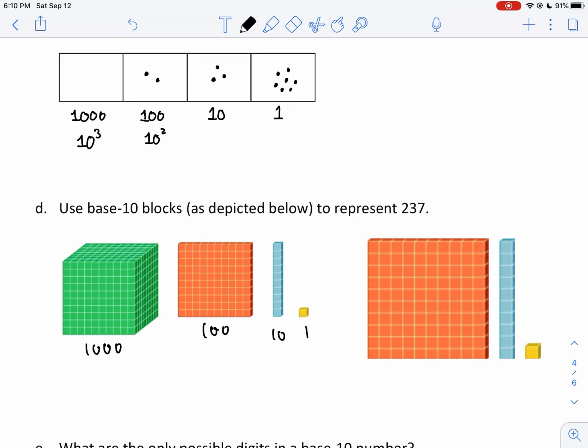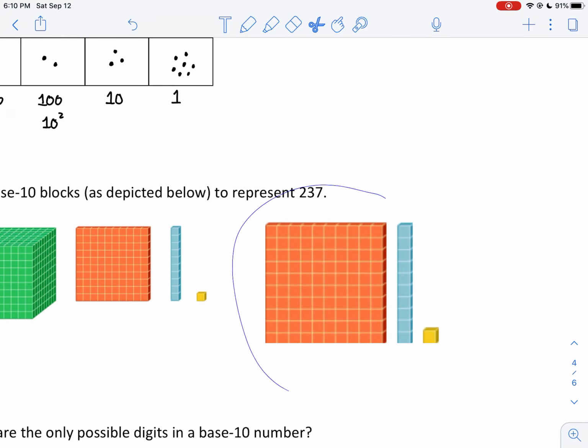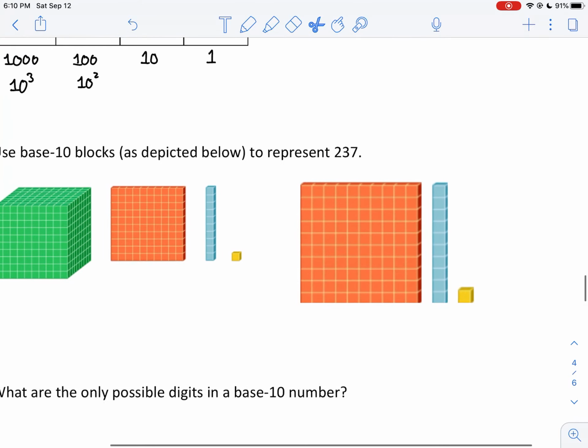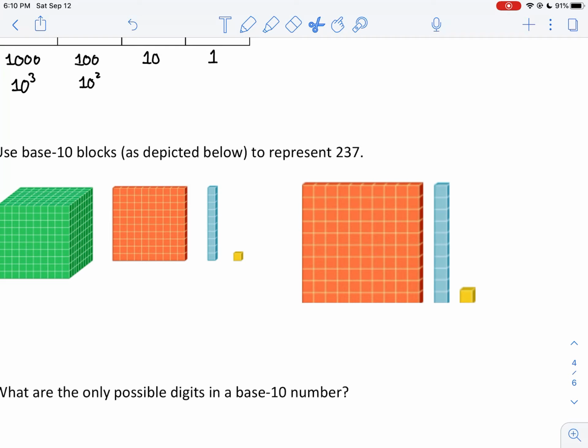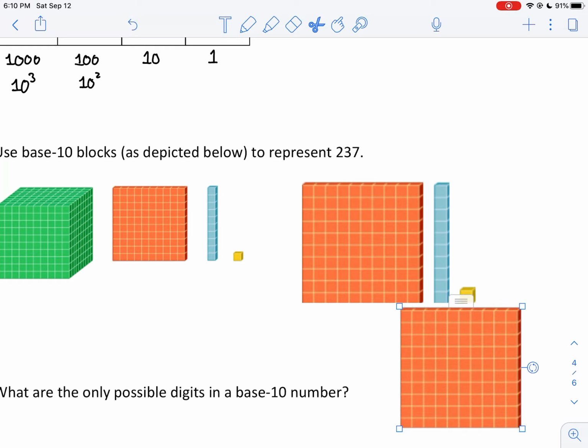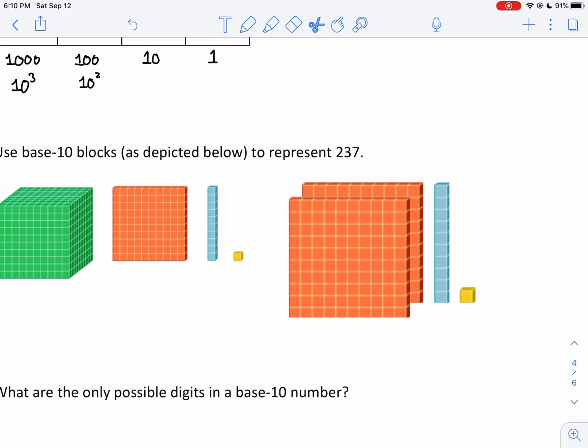And working with base 10 blocks, if we wanted to represent 237, I copied these images here into this. If I have 2 hundreds, so the hundreds are the orange, so I need another one of these. Put them next to each other. So there's my 2 hundreds. Then we have 3 tens. The 3 in the 10 position means 3 tens, so let's copy this one.